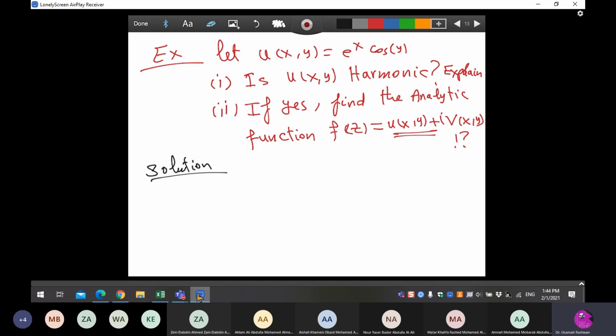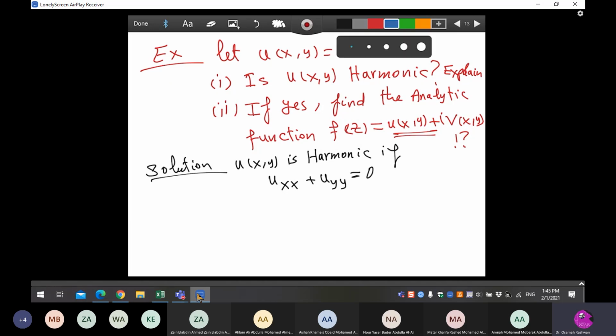What does it mean, harmonic? So I have to write the definition. u of x and y is harmonic if u_xx plus u_yy equal to what? Yes, 0.